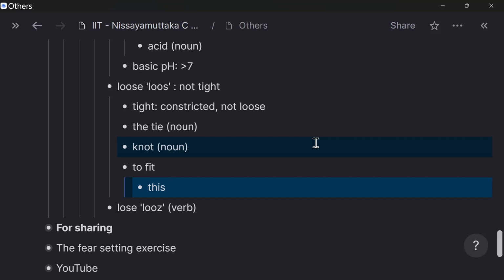It can be used in different ways. For example, this t-shirt is my size. It fits me. It's not too big. It's not too small. Doesn't mean it's tight.